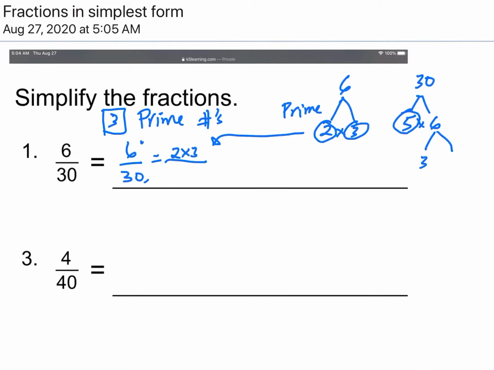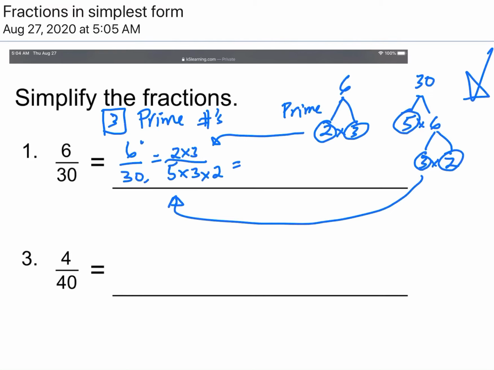That will be 3 times 2, and those numbers are now prime. Now I'm going to put that over here. I'm going to put the numbers in the circle. 5 times 3 times 2. That's 30 coming from this side right here.